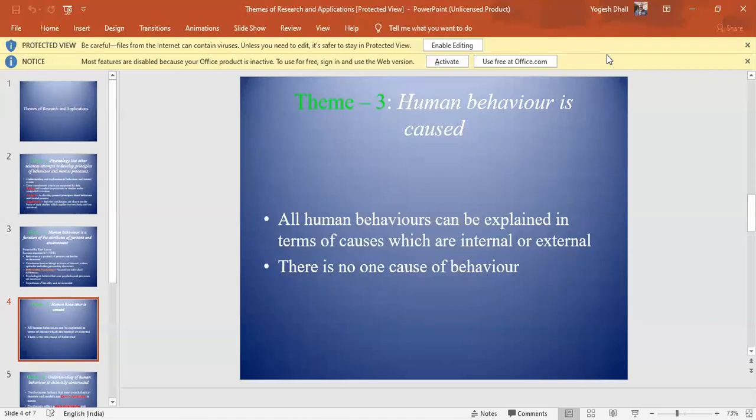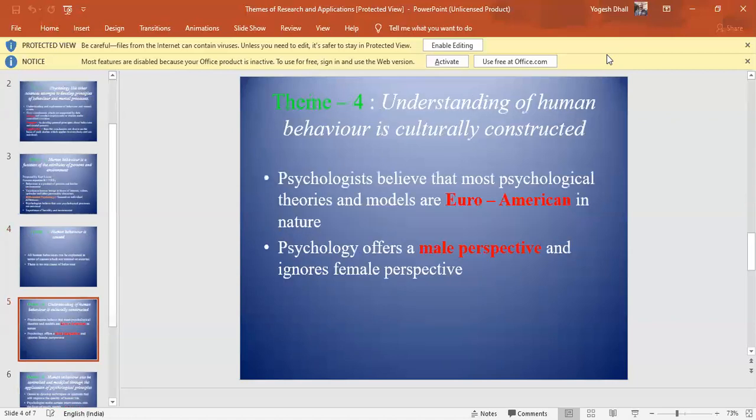So you link many causes at the same time for your behavior, that is happiness. So we cannot say that there is only one cause of our behavior. All are interlinked. Next theme is theme number 4, that is understanding of human behavior is culturally constructed.